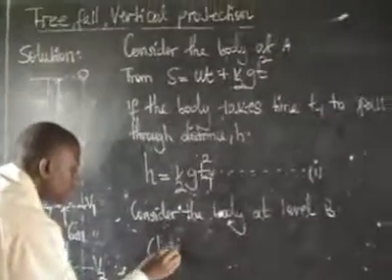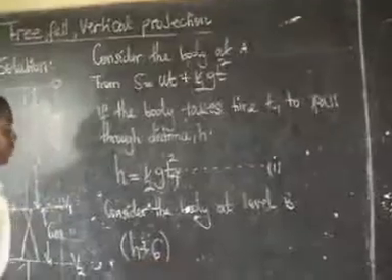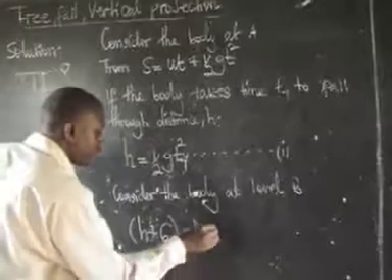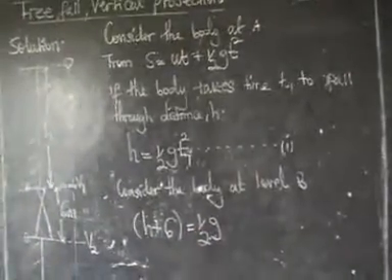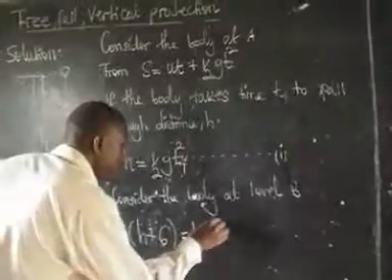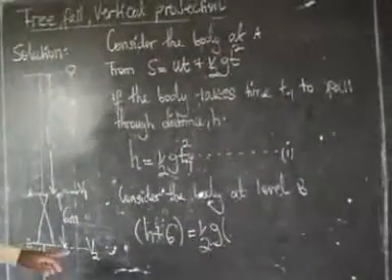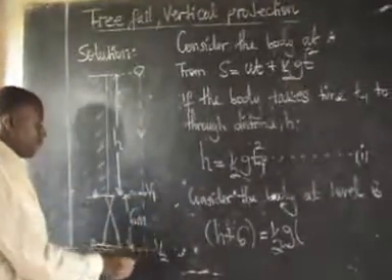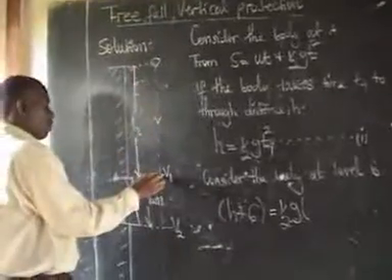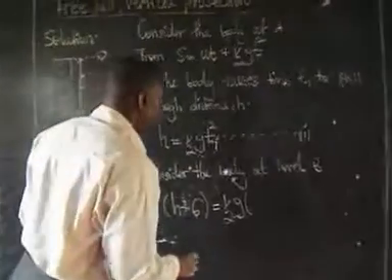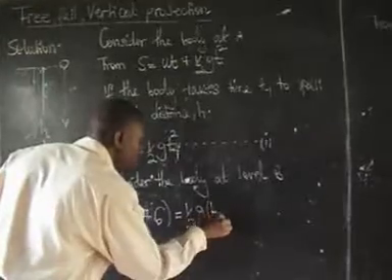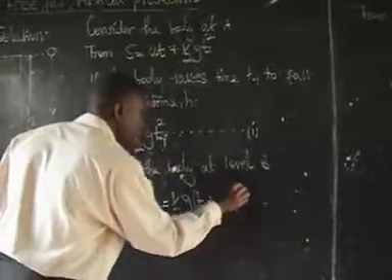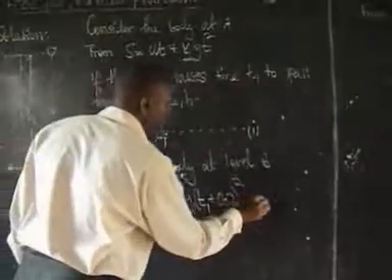So I'm going to have h plus 6 is equal to a half g, and the time is going to be equal to, remember we are told that it takes 0.2 seconds to fall from here up to there. So I get the time from the top up to A, then I add the 0.2 seconds. So it's going to be t1 plus 0.2 seconds squared.